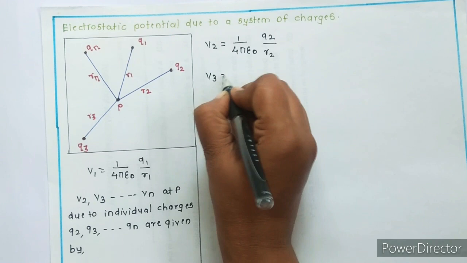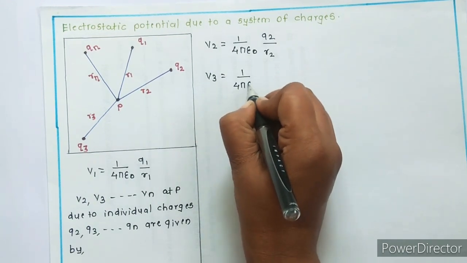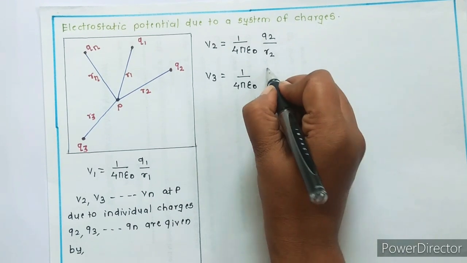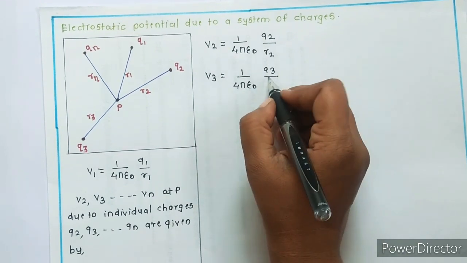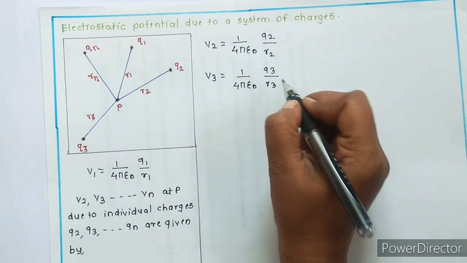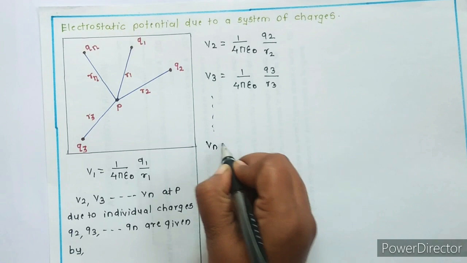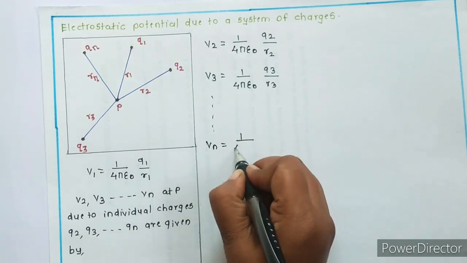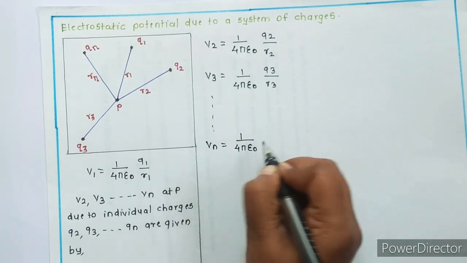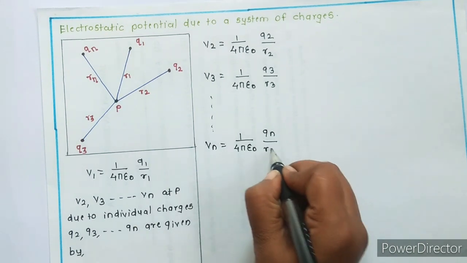V3 is equal to 1 upon 4 pi epsilon 0 Q3 upon R3. Similarly, Vn is equal to 1 upon 4 pi epsilon 0 Qn upon Rn.